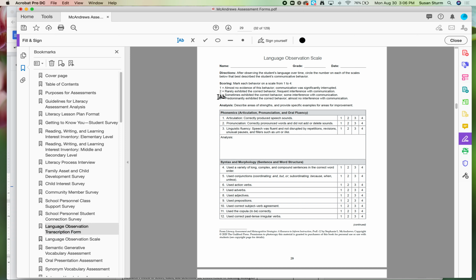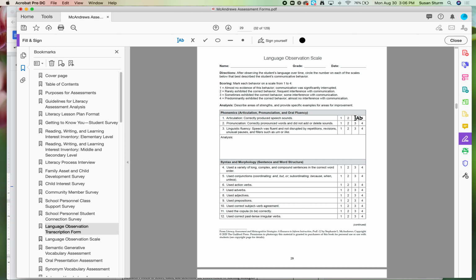If that student rarely exhibits the correct behavior, frequent interference with communication happens, you would give them a 2. If they sometimes exhibited the correct behavior, some interference with communication, you would give them a 3. And if it's predominantly correct behavior that you're observing, there's no interference with the communication, you would give them a 4.